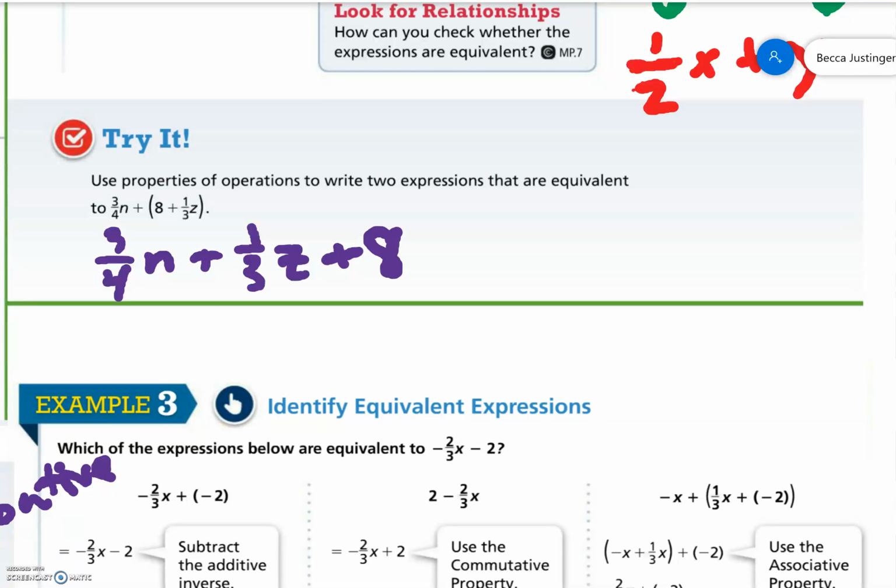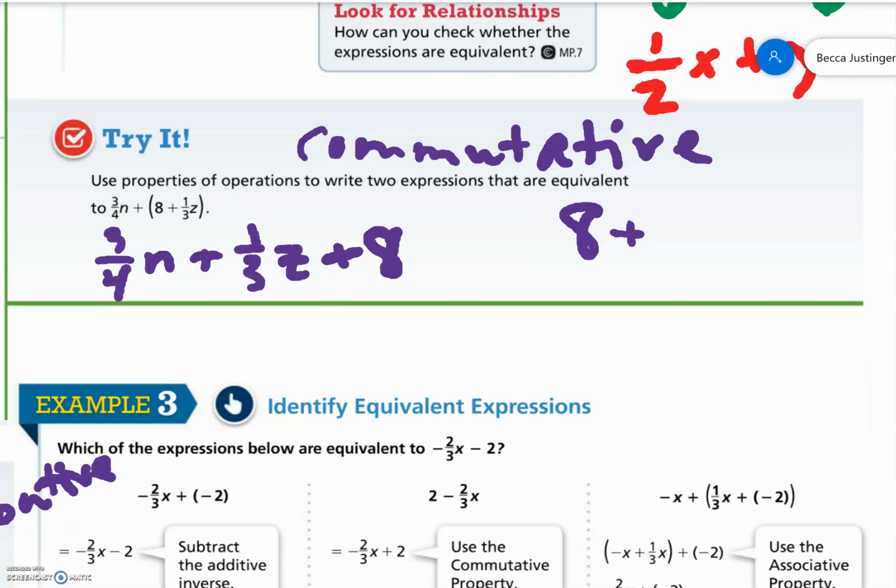I can't combine anything here because we've got an n, a z, and a constant, so none of those are like terms. But I could also use commutative property again. Write this down, commutative. Can use commutative property again and start with 8 and add 3/4 n plus 1/3 z.